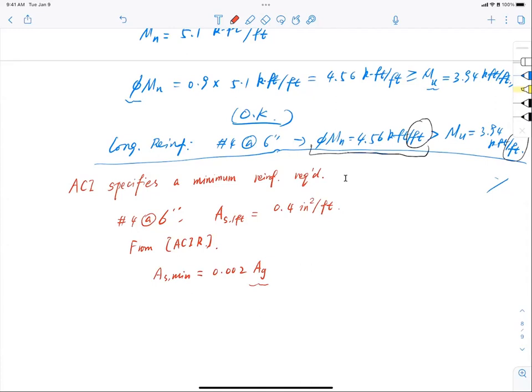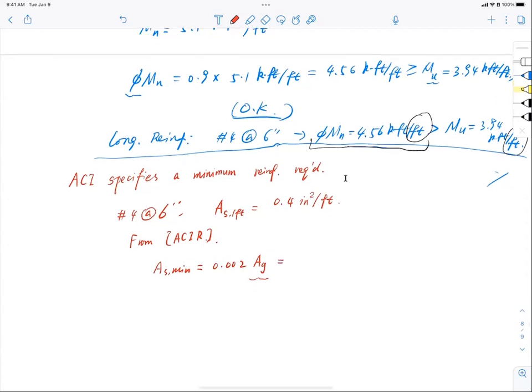Ag is the cross-section area. That means it is 0.002 multiplied by the height of the slab, which is hf, and multiplied by the unit strip, which in this case is 12 inch. So I can do the calculation: 0.002 multiplied by hf, the thickness, 5 inch, multiplied by 12 inch, and I get 0.12 inch squared per foot.